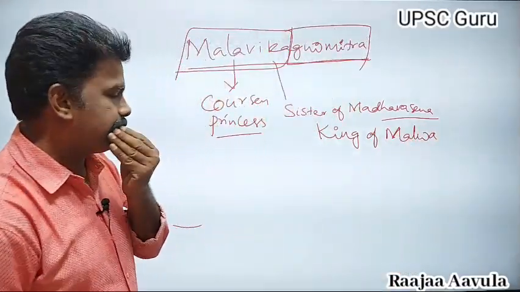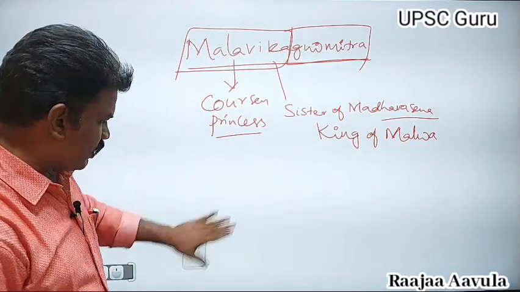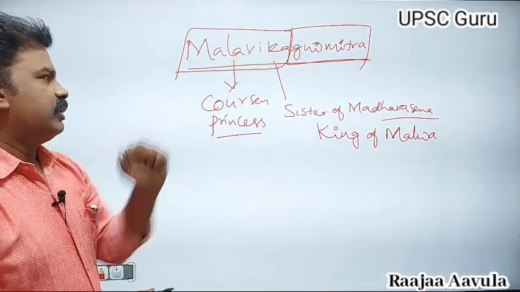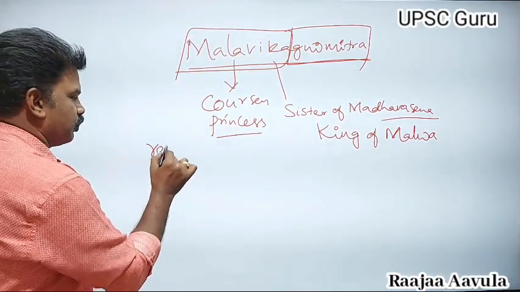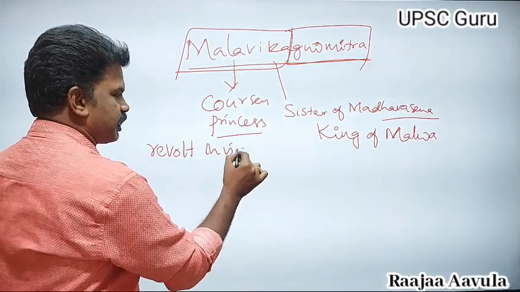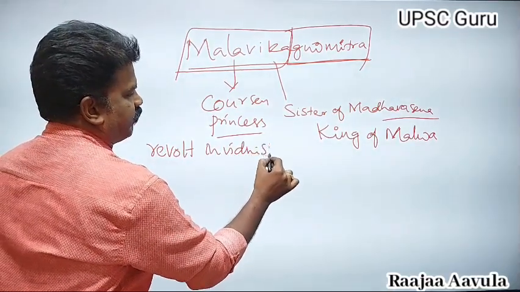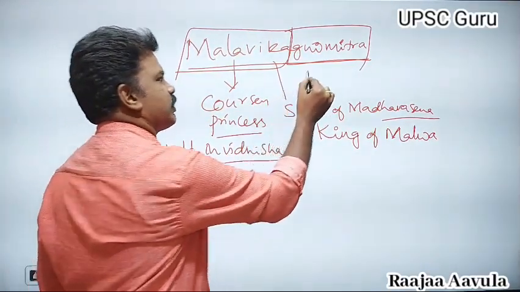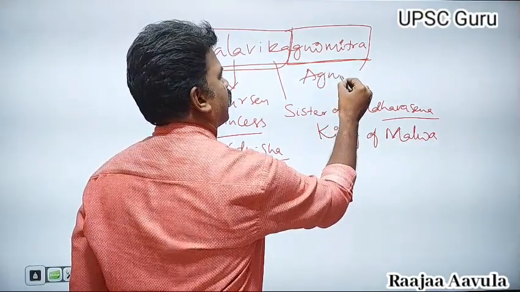During the time of the Shungas ruling in India, there occurred a revolt in the Vidisha kingdom. That Vidisha revolt was suppressed by Agnimitra.